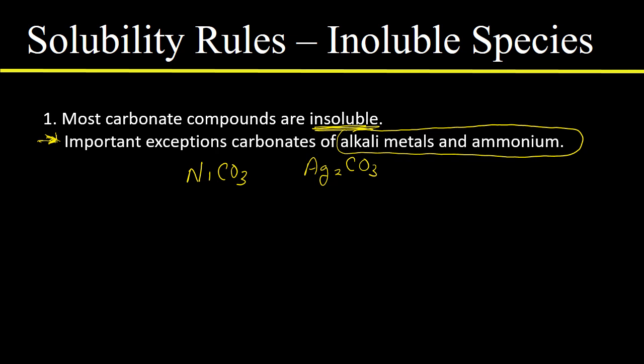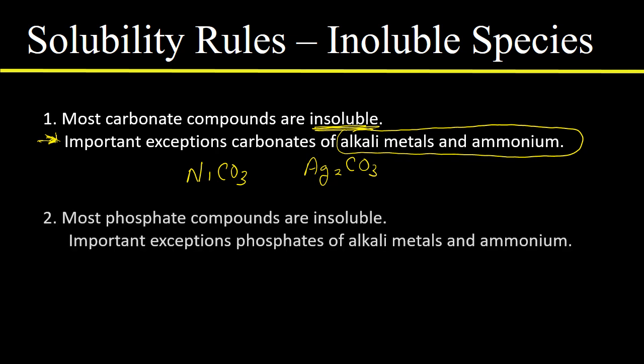All right. Same thing is true with the second rule. Most phosphate compounds are insoluble, right? So things like, let's do iron 3, because phosphate has a 3- charge, so that makes it easy. Iron 3 phosphate.